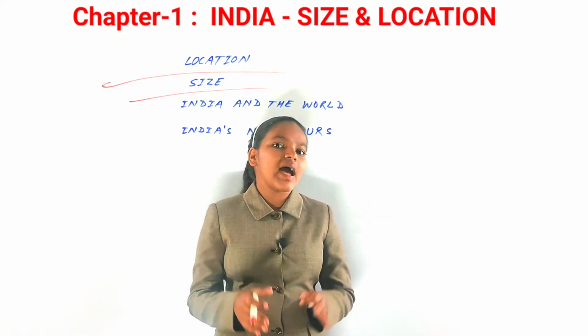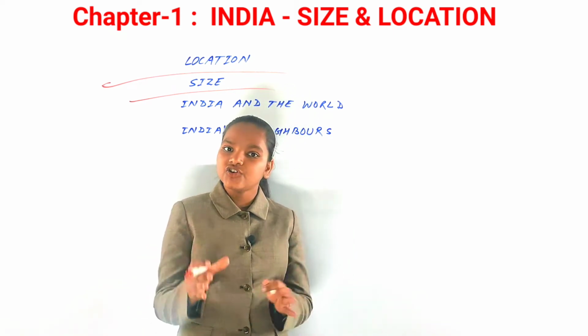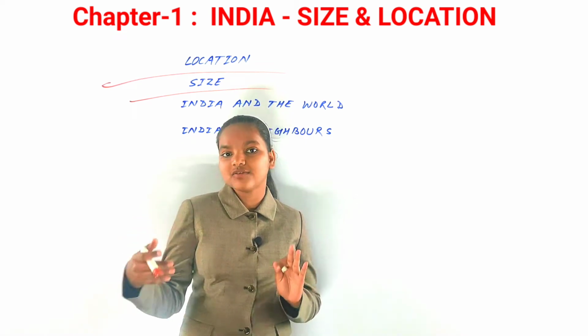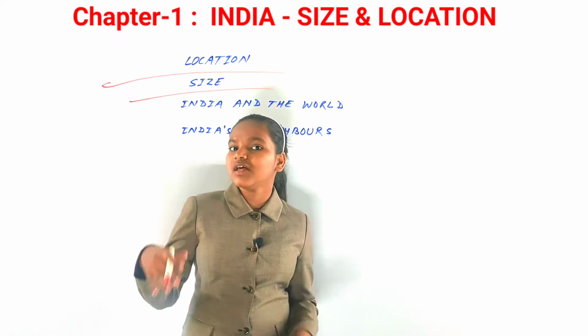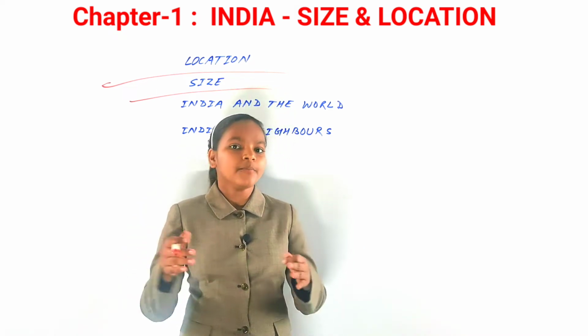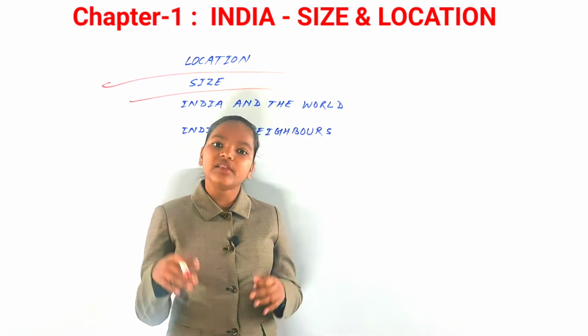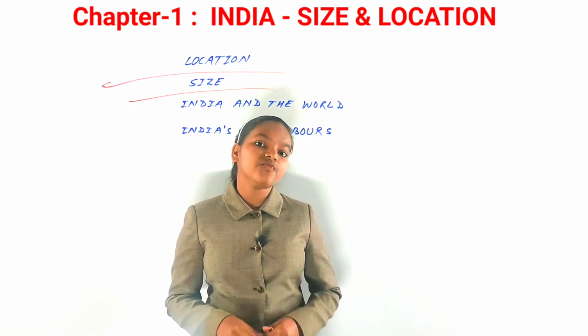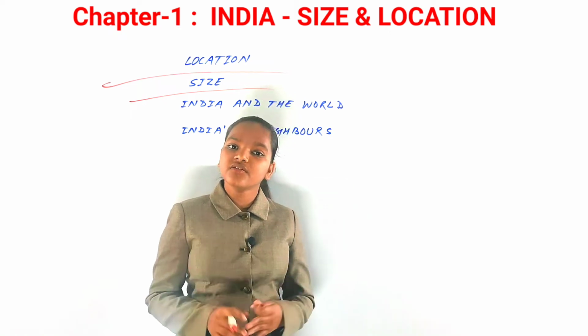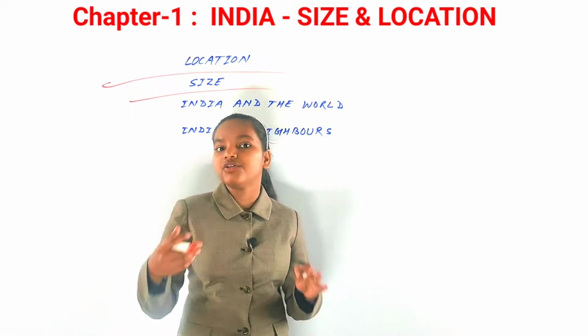Now standard time passes along a longitude, that passes through 82 degrees 30 minutes east. The first region where it touches is Mirzapur in Uttar Pradesh.